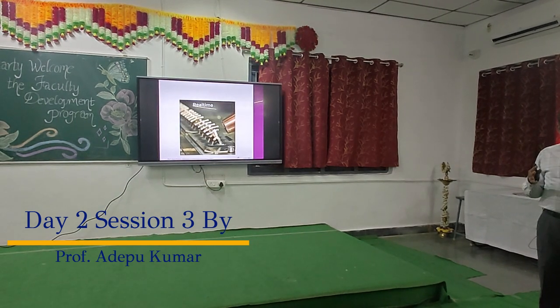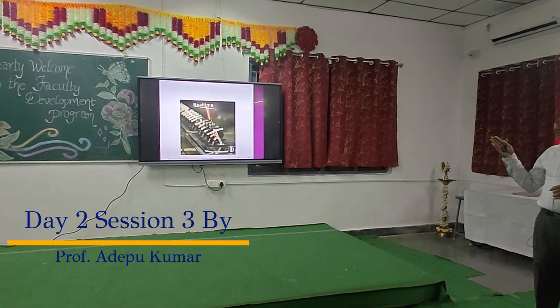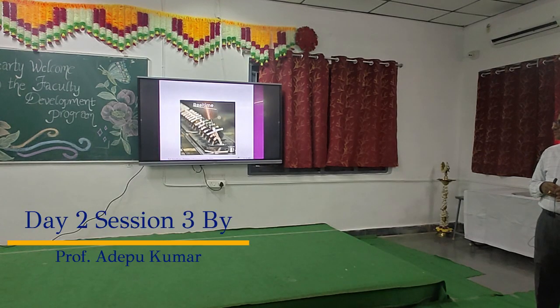So these are the space grid structures. You have, let us say, one sheet and another sheet. In between, you are developing this lattice structure to strengthen the entire system. So using wire arc additive manufacturing, you can develop these lattice structures.